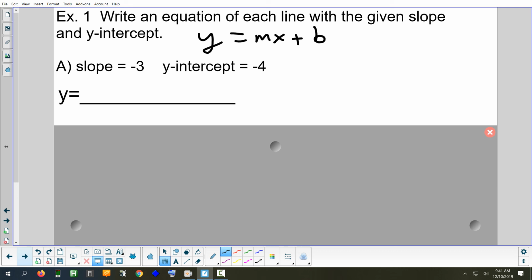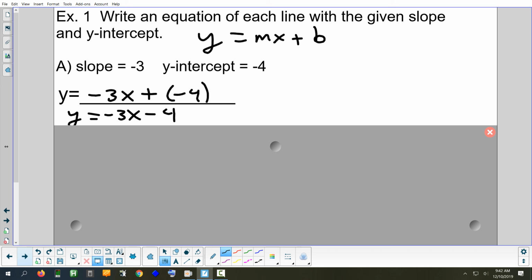Okay. Anyone think they can tell me what the equation will be? Y equals, but fill in those 2 numbers, but you got to put them in the right spots. Yep. -3x plus -4. Yep, plus -4. Now that's fine. If you said y equals -3x minus 4, is that the same thing? Yeah, that's the same thing.